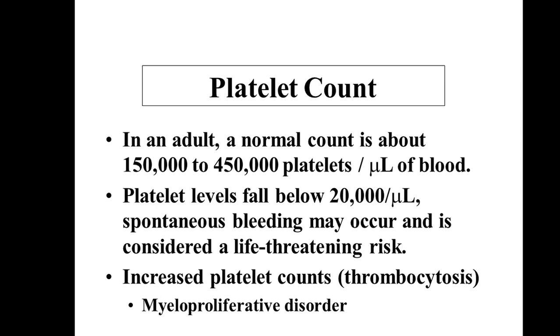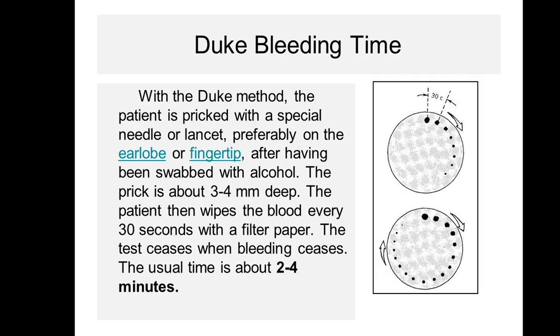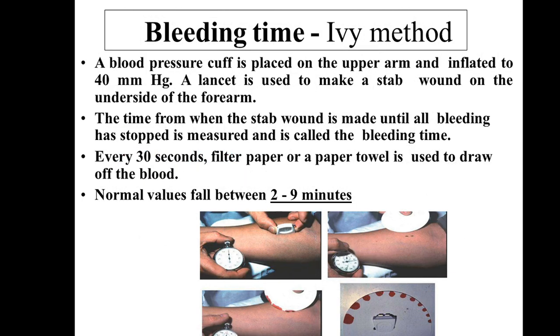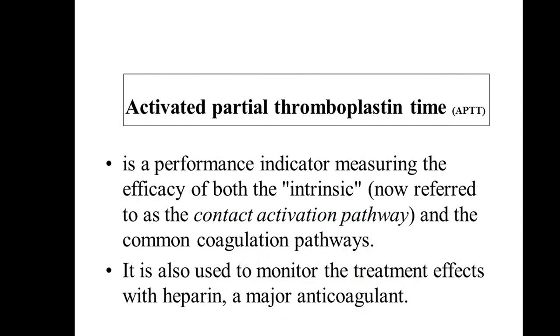Duke bleeding time should be within 2 to 4 minutes. It will be prolonged in thrombocytopenia and thrombocytopathies. Bleeding time by the Ivy method should be within 2 to 9 minutes. It will also be prolonged during deficiency of platelets and also impairment of platelet function.